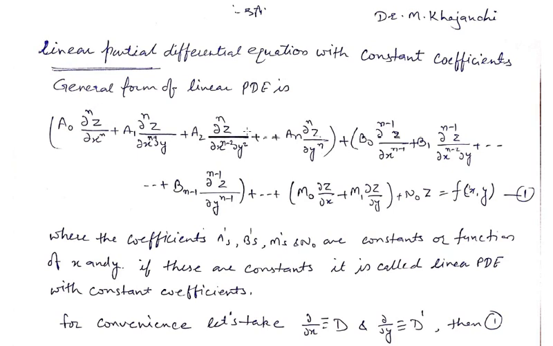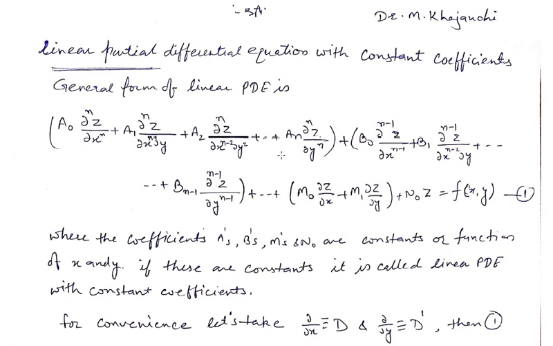Whichever order of derivative exists, its index must be 1. And third, the product of the dependent variable and its derivative should not exist in the given equation. If all these conditions are satisfied, we say the given equation is a linear differential equation.